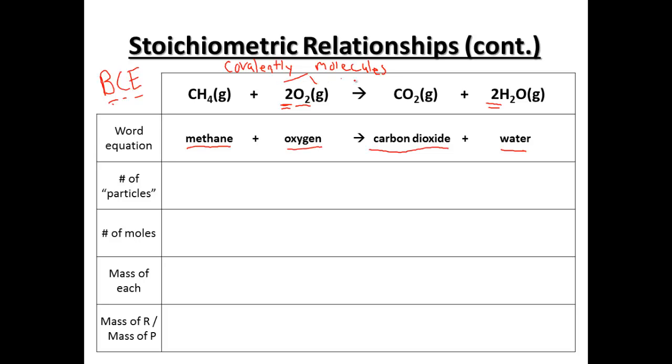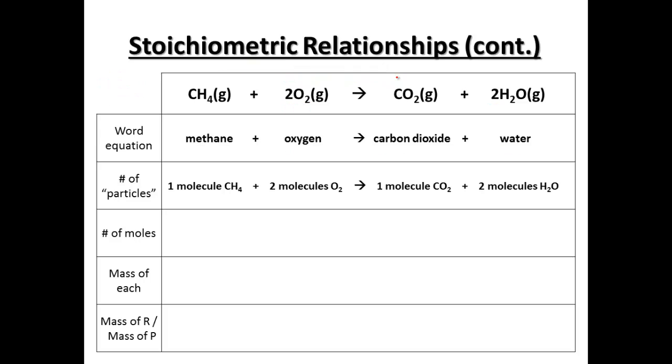So for the number of particles, in the smallest form, 1 molecule of CH4 and 2 molecules of O2 are needed to produce 1 molecule of CO2 and 2 molecules of H2O. So 1 to 2 to 1 to 2 is going to be our mole ratios as we go forward, like our bikes to wheels idea earlier.